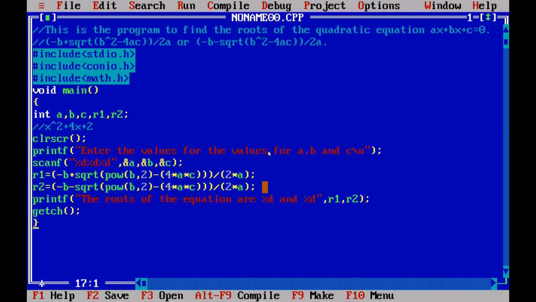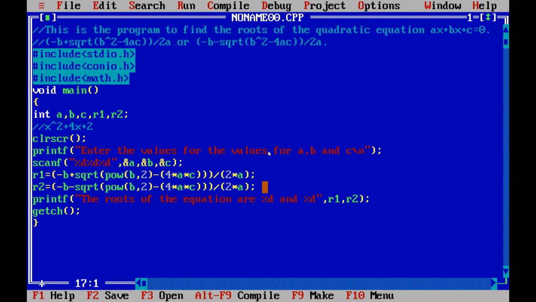Yes, that's all. Once again, in this program we are going to find the roots of quadratic equations. At first we get the input values of A, B and C, and we have declared the variables for the input as well as the output. Then we prompt the user to enter the values, and we get the input using the scanf statement.